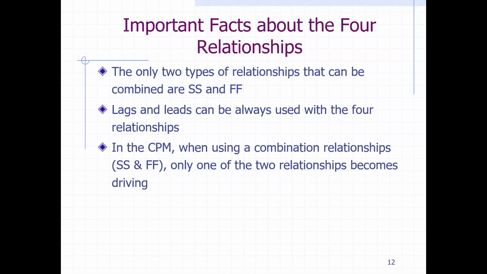In other words, you have to identify which one is the driving relationship to be able to determine your CPM. And also we said the lag and leaks are utilized in the four approaches.